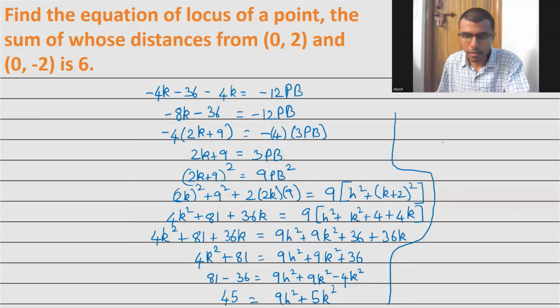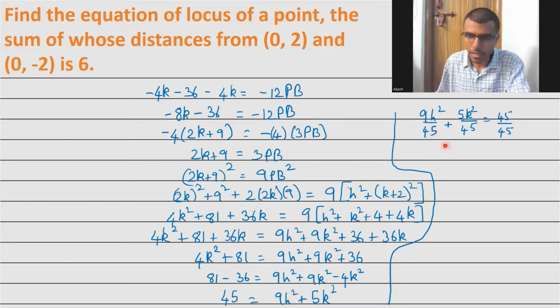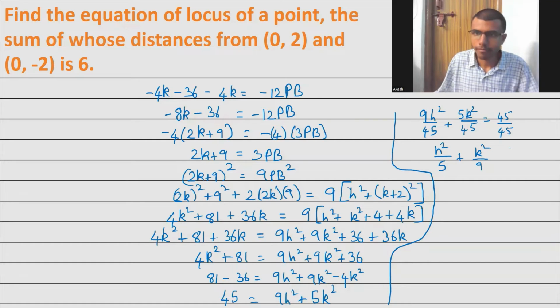Now what else we could do is just divide this entire equation by 45, and write the RHS first. So I get 9h square by 45 plus 5k square by 45 is equal to 45 by 45. So 9 ones are 9, 9 fives are 45: h square by 5 plus k square by 9 is equal to 1.